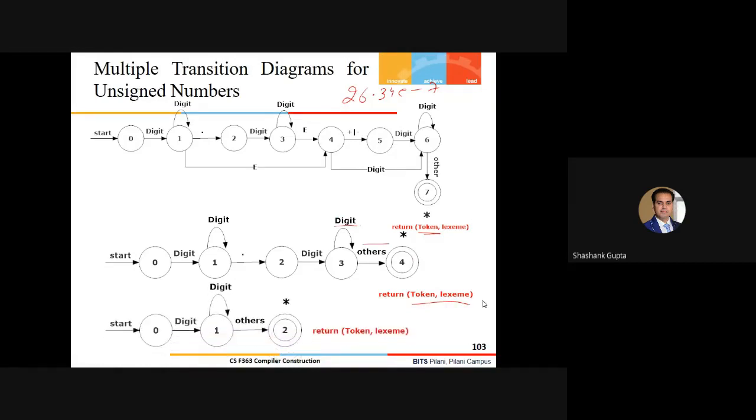Lastly, corresponding to the underlying specification, I have one more transition diagram, which says a digit followed by any number of digits, and again this other here. And these will say whatever you have consumed extra, throw back to your input buffer, so that character should not be a part of that lexeme.